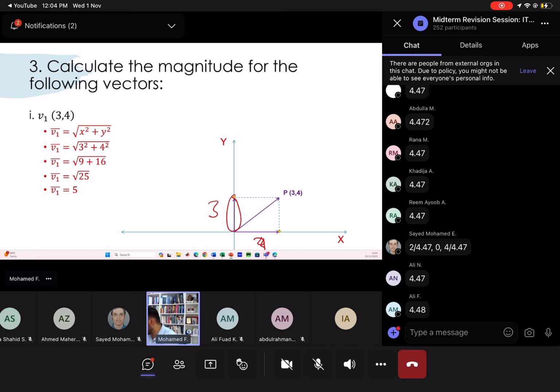No, it's the opposite, 3 and 4. What we have is this point and that point. We want to see what is the length of that one. This point is just equal to that point here, so we can have a whole triangle. We want to see what's the length of that line.